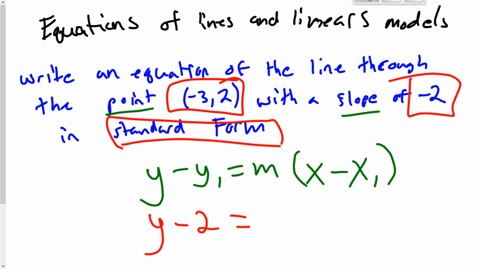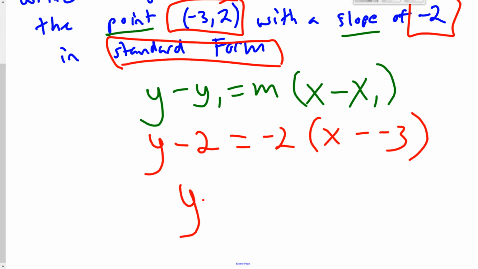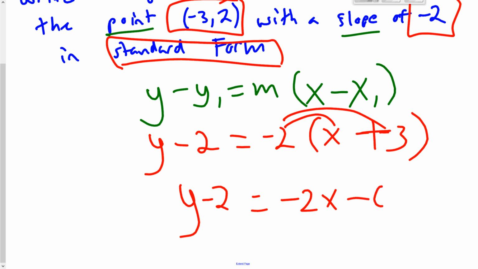I have my slope, which I'm given, -2, and then times the quantity x minus my x1, which is -3. So I'm minus a -3. So I need to start simplifying. I can distribute this -2 to both of them. So this becomes -2x, and then here this is going to turn to +3, right? Plus 3. And then -2 times a +3 is a -6.